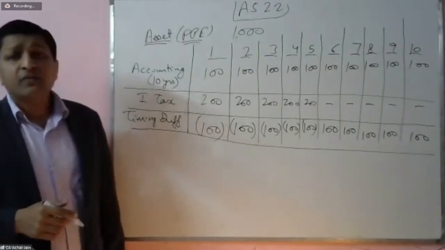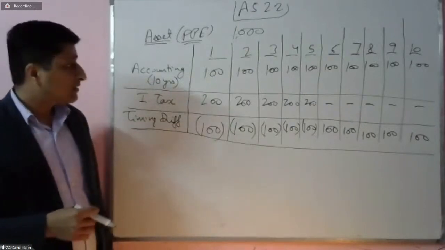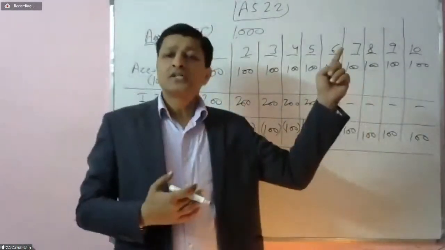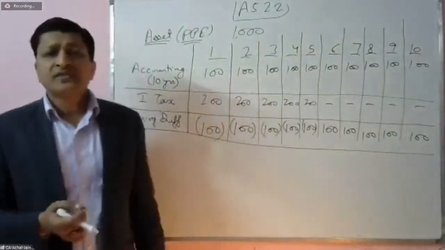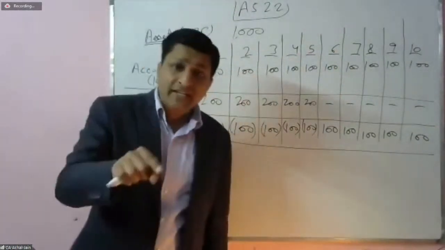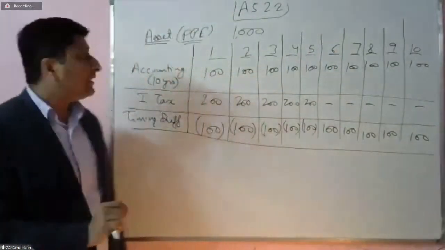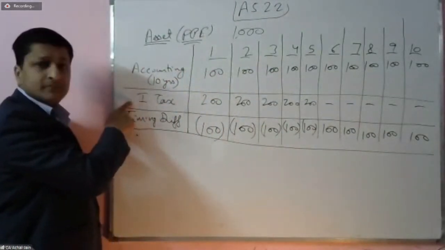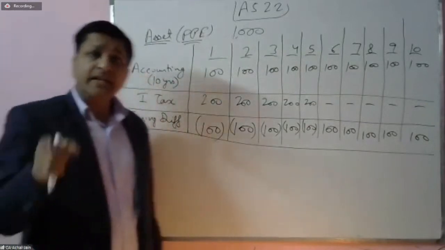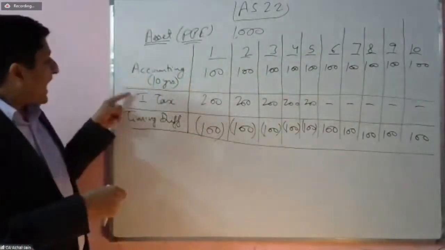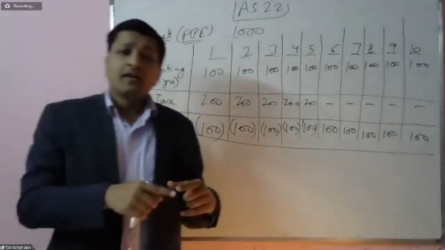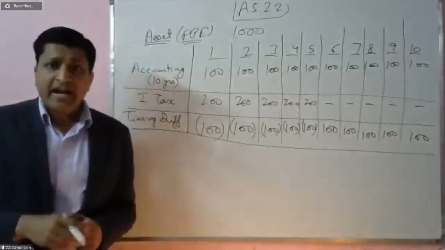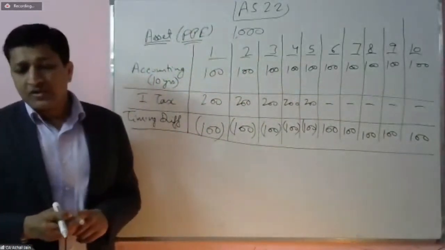Why are we calling these timing differences? Because they get reversed in the future years. So what are timing differences? Timing differences mean differences between accounting income and taxable income, which get reversed in the future years.